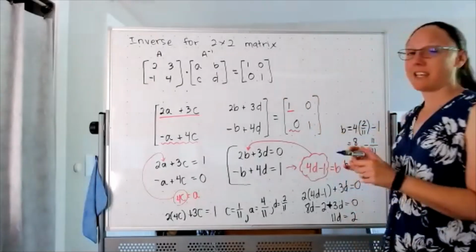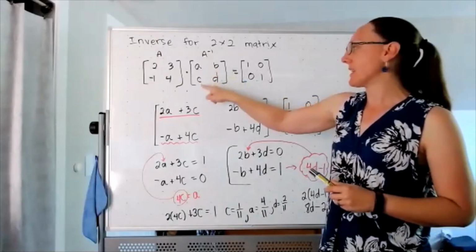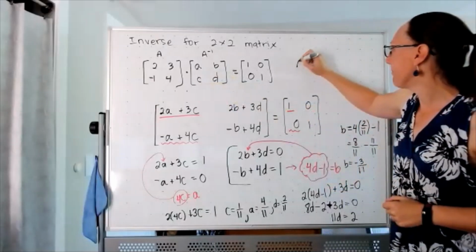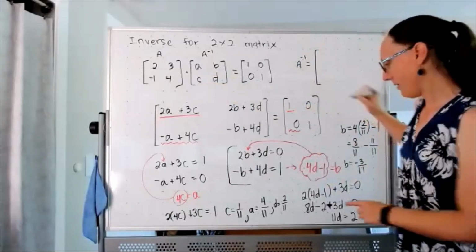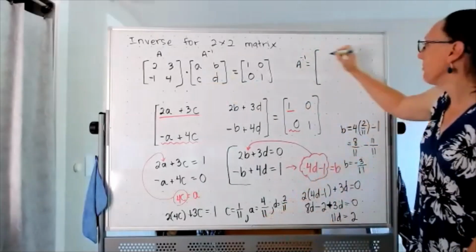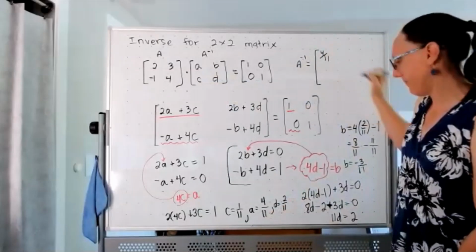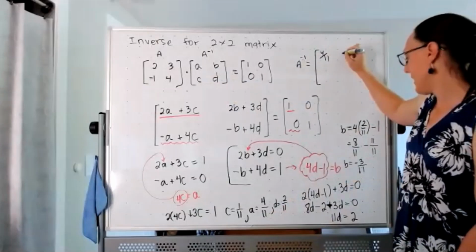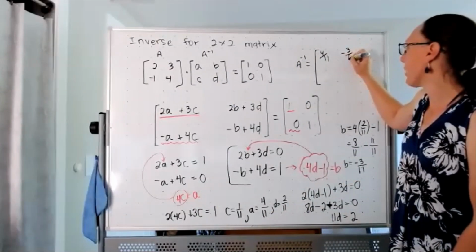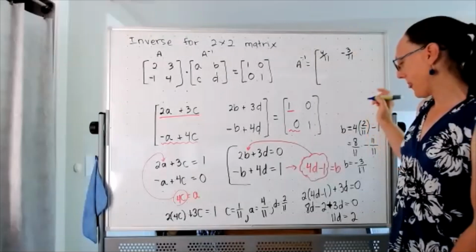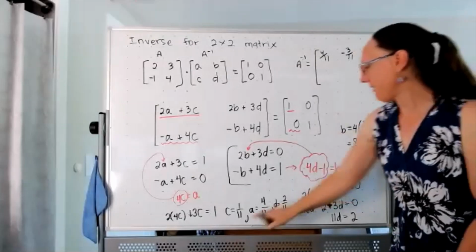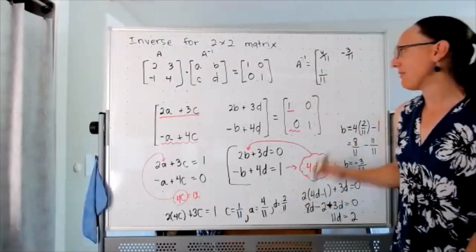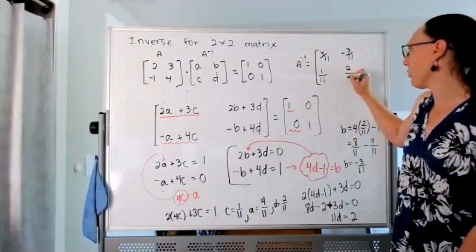So if I put all of that together, then this matrix A, B, C, D looks like: my A value was 4 over 11, my B value was negative 3 over 11, my C value is 1 over 11, my D value is 2 over 11.